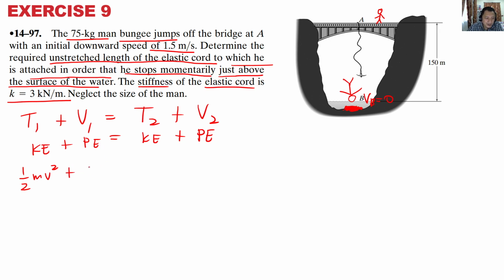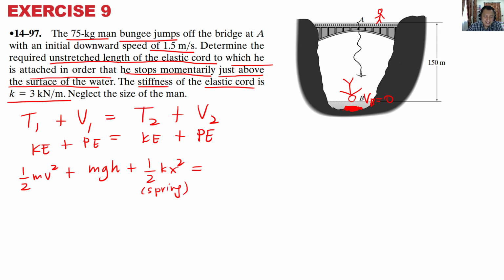Potential energy is mgh. Then half kx squared, this is the spring.